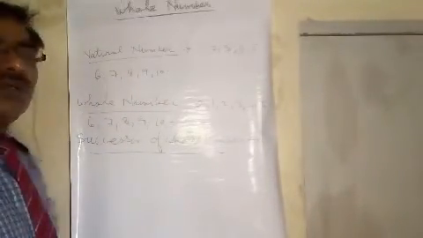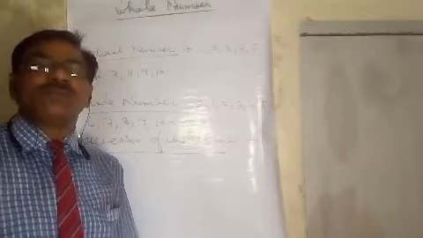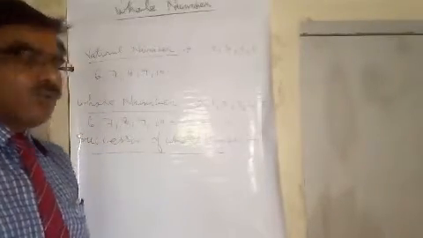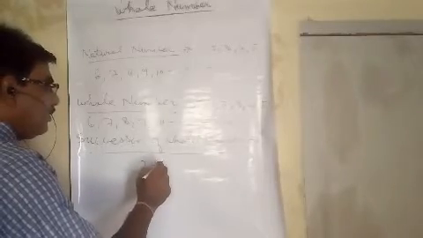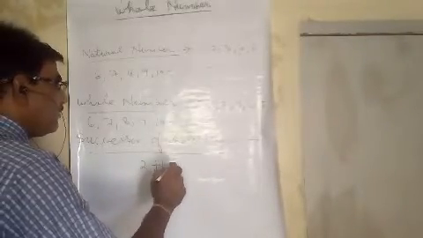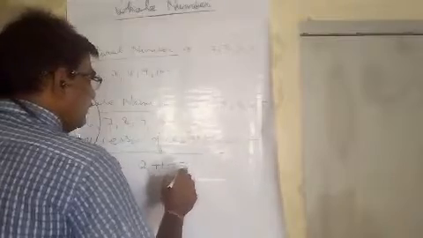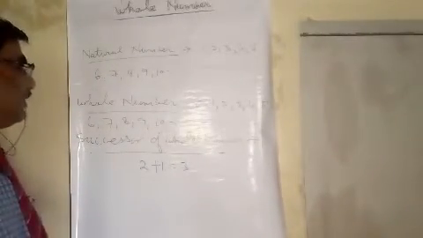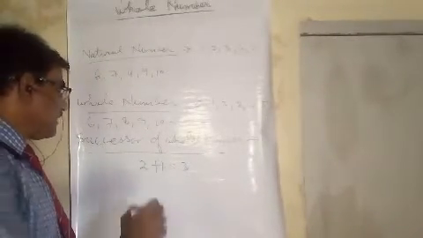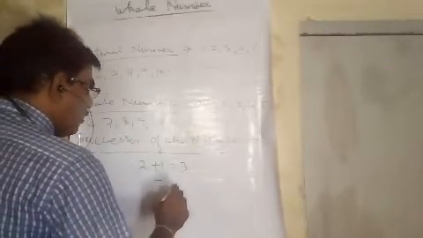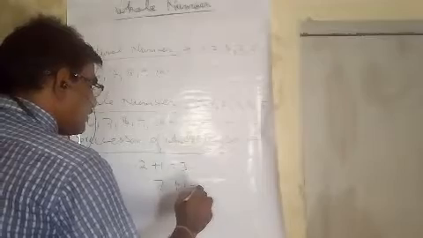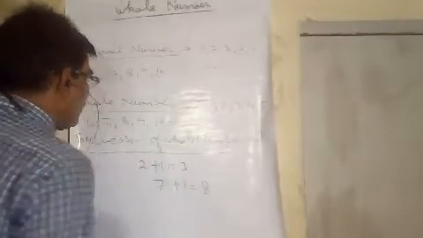Suppose you want to find the successor of 2, then you add 1 to 2 and we get 3. Now if we find the successor of 7, then I add 1 and you get 8.